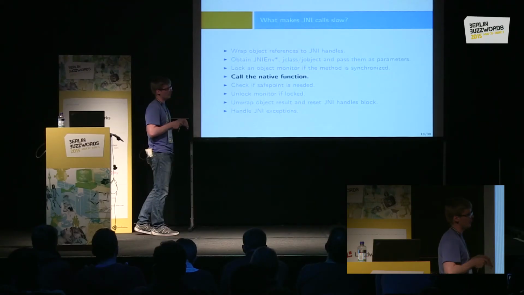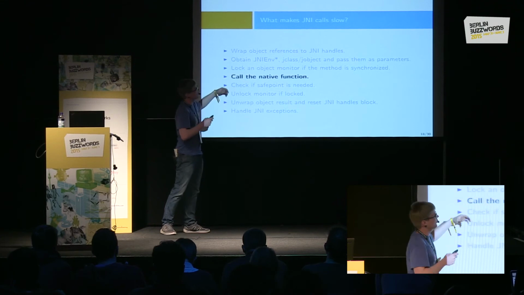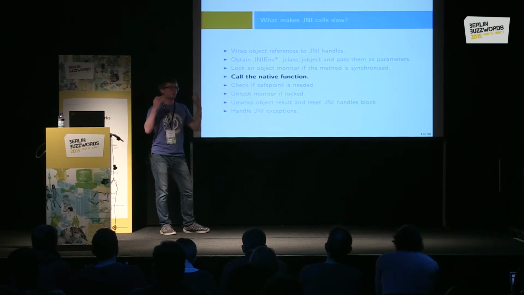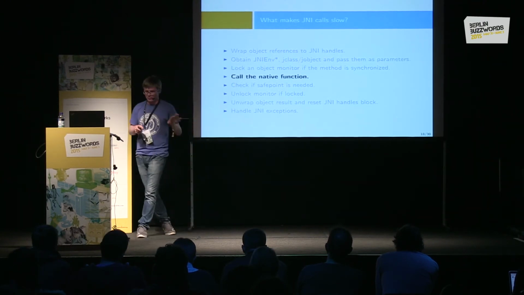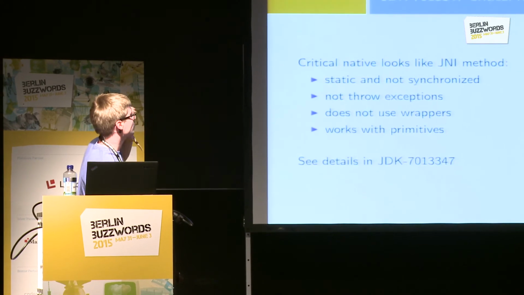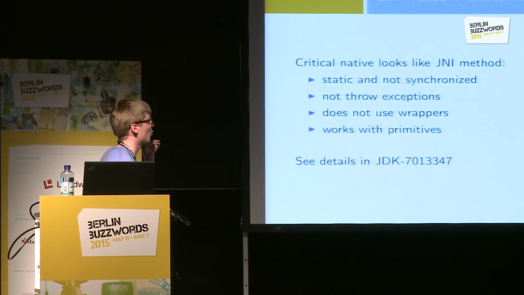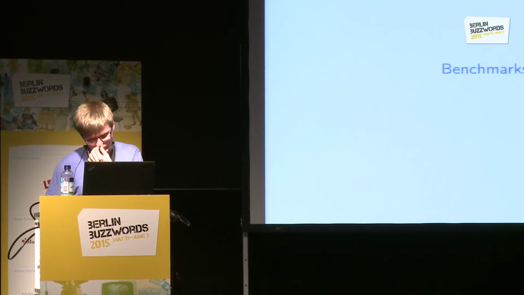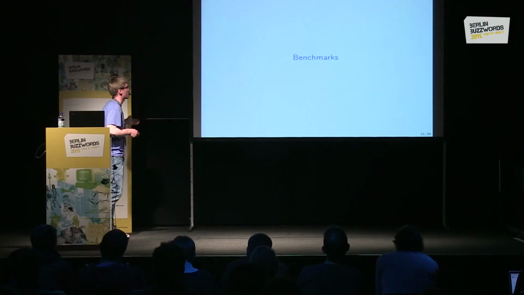Actually, with a critical native, the JVM no longer creates a native stack, puts parameters in the application binary interface, and calls the native function. All these overheads are completely gone. So it sounds great. Let's check how it works.